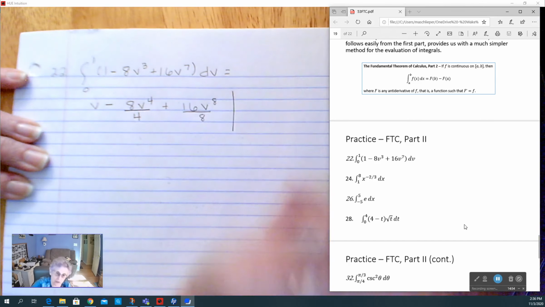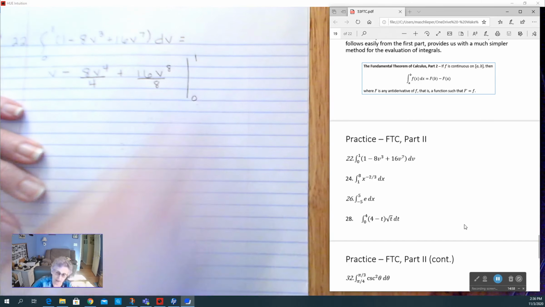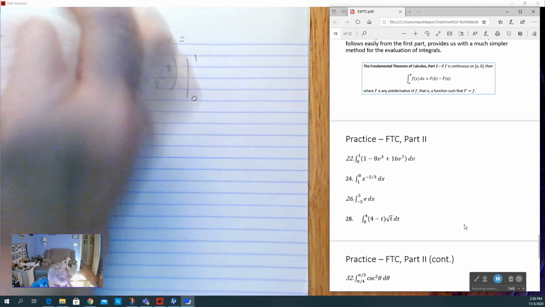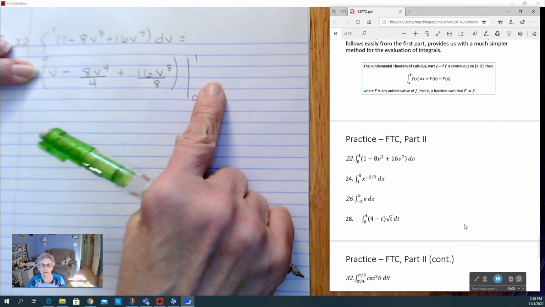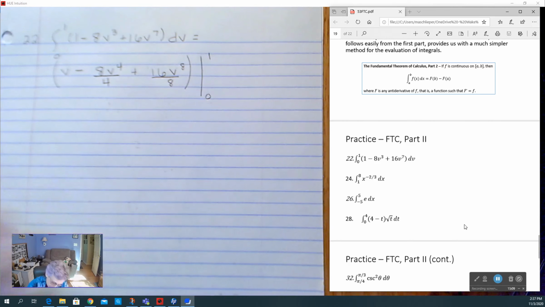And then we draw a vertical line, put the lower limit at the bottom, the upper limit at the top. That says we are going to take this function and plug in 1 and subtract off what we get when we plug in 0.